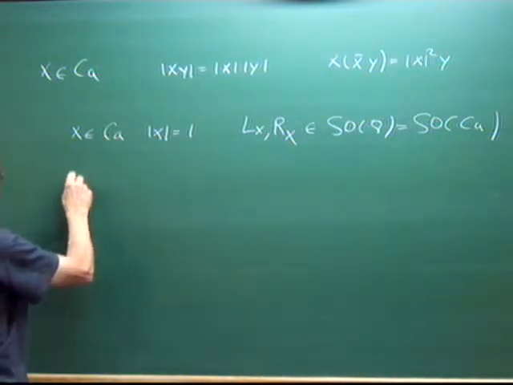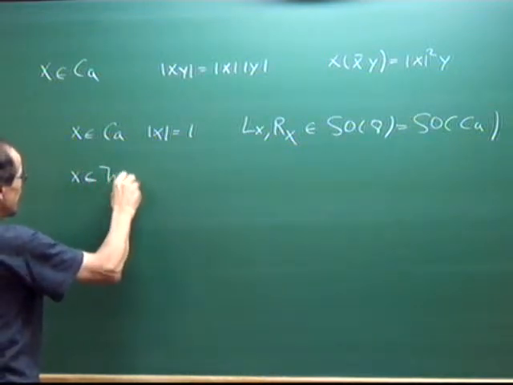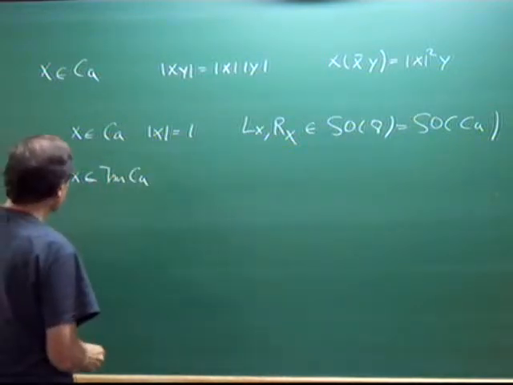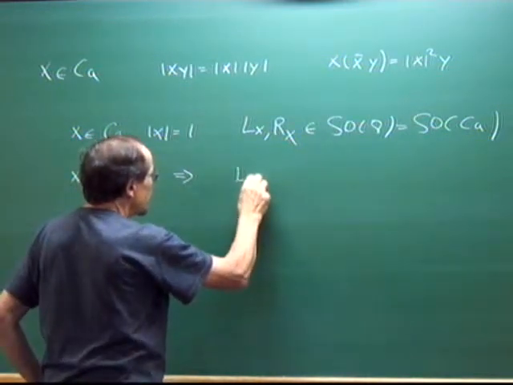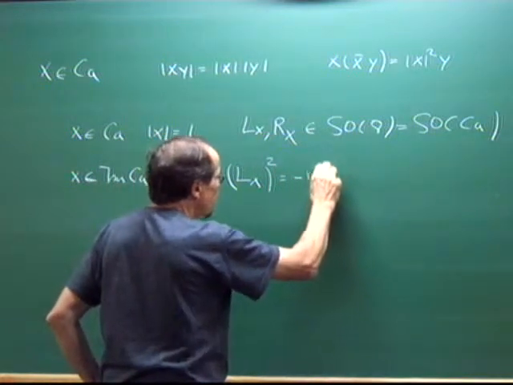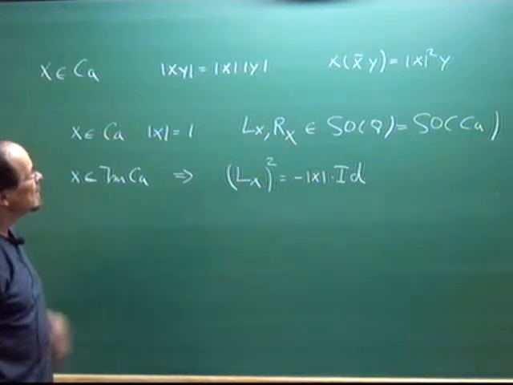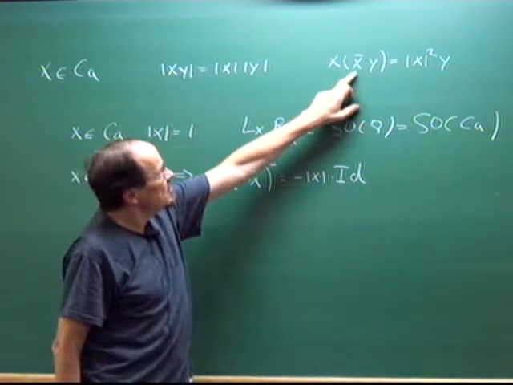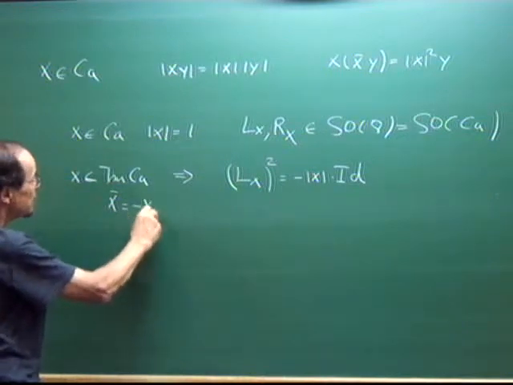Then another fact is that if x is an imaginary Cayley number, this implies that if I look at the left translation and I square it, this is minus norm x squared times identity. I claim this is a consequence of this equation right here, because in this case x bar is minus x.